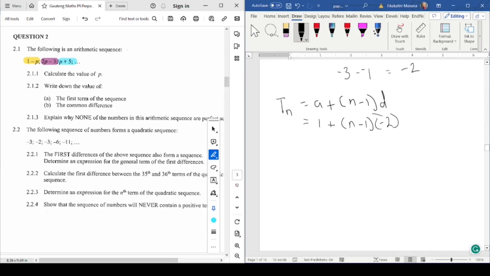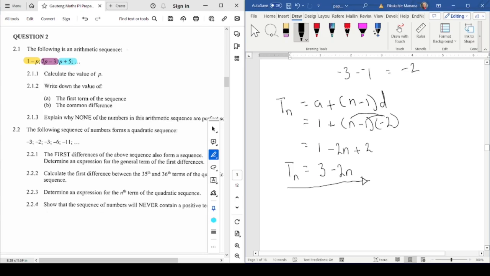We multiply the minus 2 times n, and 1 minus 2 times n gives a negative 2n. Then negative 2 times negative 1 gives a positive 2, such that 1 plus 2 gives us 3 minus 2n. Now this is the general term that we were looking for.